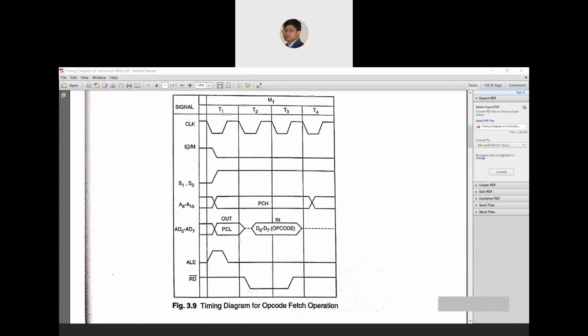You can see that this signal is initially high, meaning it is the initial position. One thing you can also see is that before T1 there is a small gap.